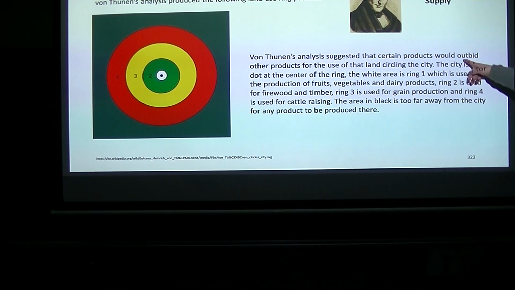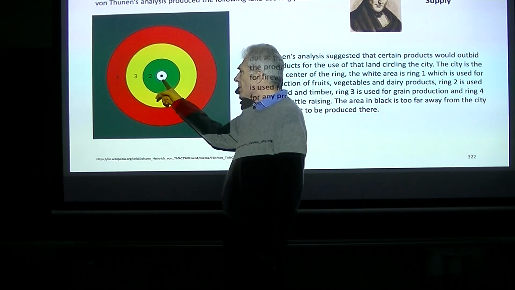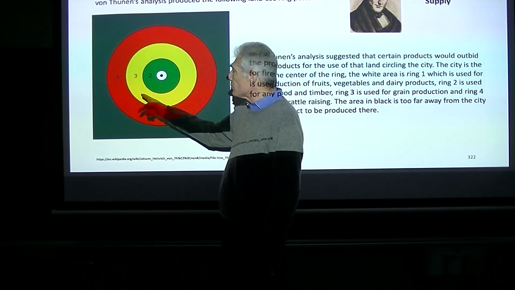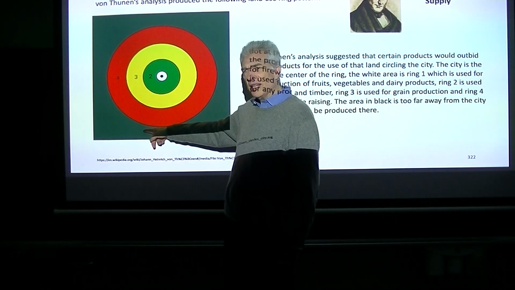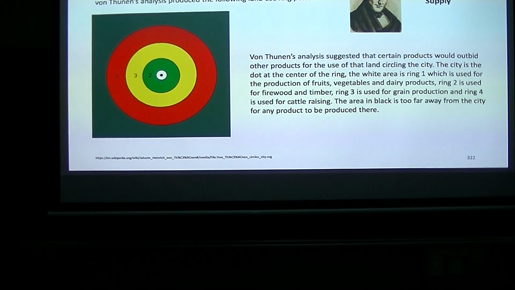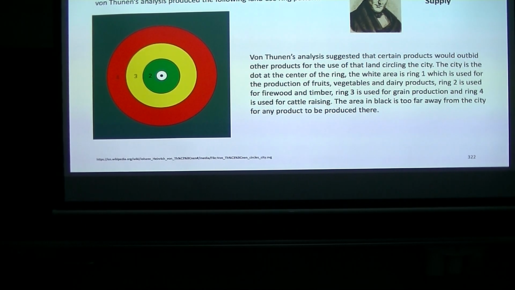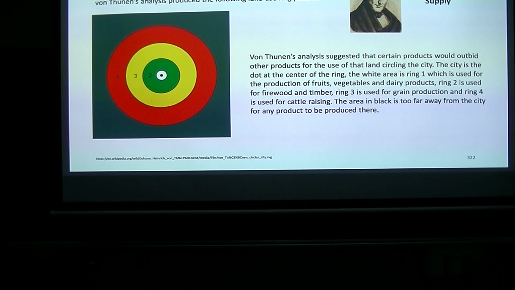In terms of land use, here's ring 1, that was fruits and vegetables, ring 2 was the timber, ring 3 was grain, and ring 4 was for cattle. So that's what he showed, that he could go around to different towns and cities in Germany, and he could observe a pattern that was similar.